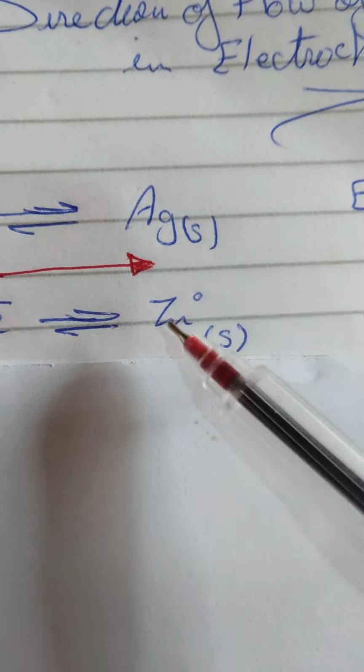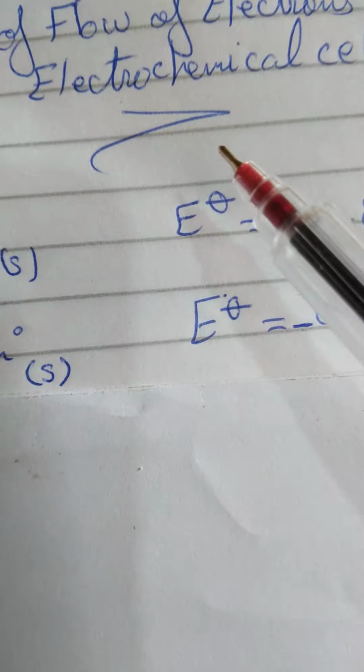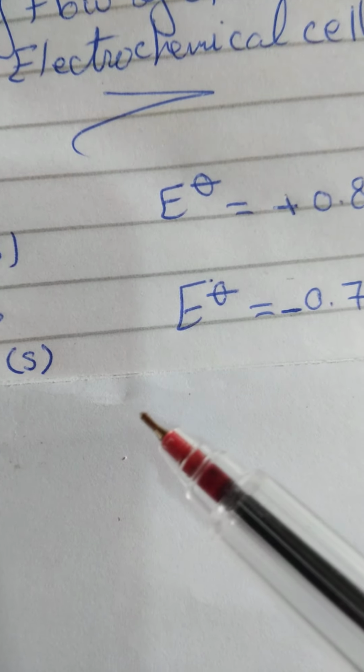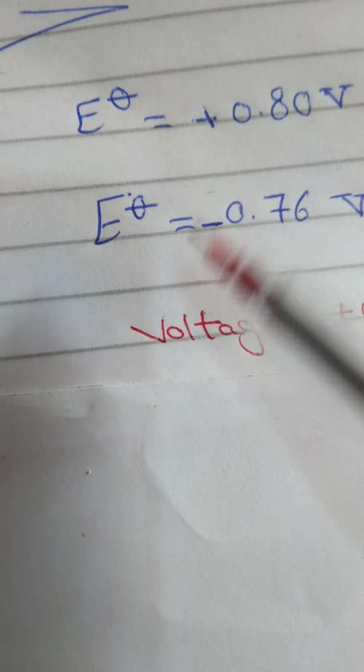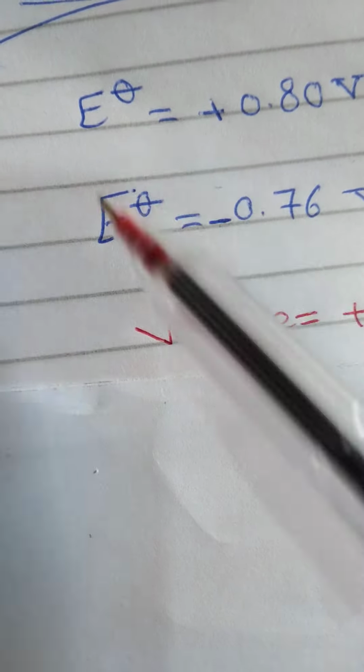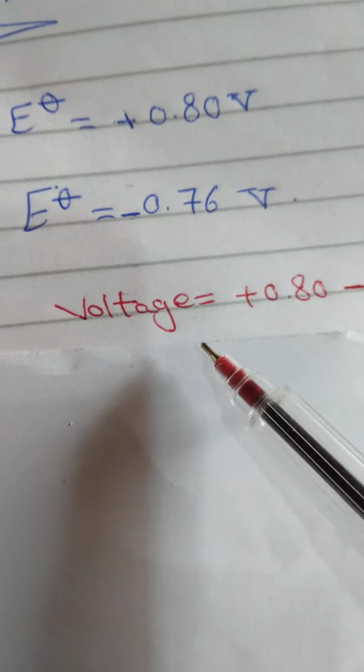When these two systems or half cells are connected together, we produce an electrochemical cell which has its own voltage or potential. How can we calculate the potential of the electrochemical cell? Easily, it's the difference between the E standard of both half cells. For this electrochemical cell, we can calculate the net voltage.